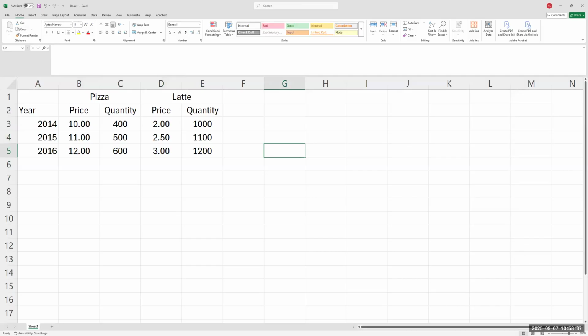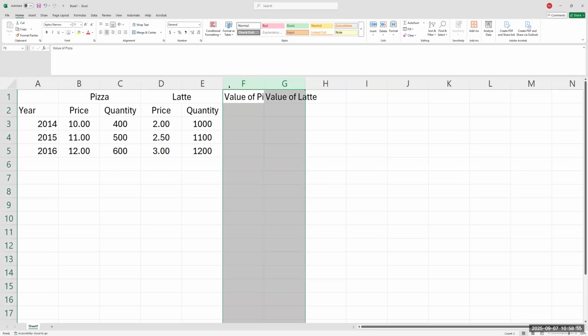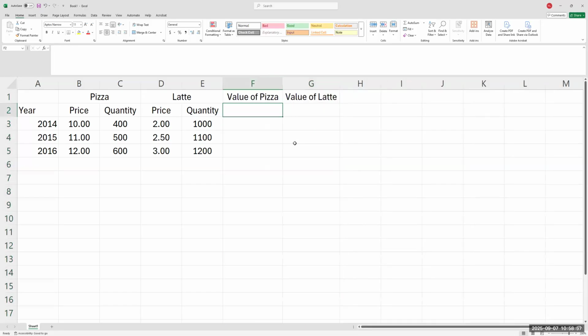Now what we're going to do is calculate nominal GDP. I'm going to calculate the value of pizza and the value of latte individually for each year. I multiply 400 pizzas times $10, which is 4,000.